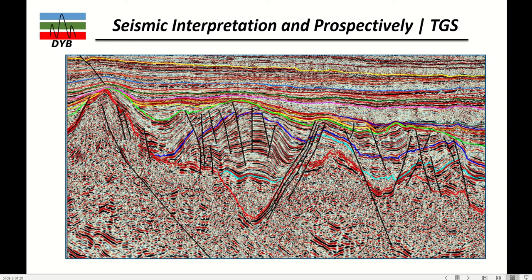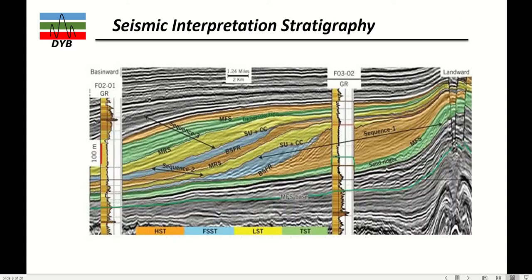Because of this igneous intrusion, maybe this is a basement, so you can't see any reflection because you don't have reflectors over here. So mostly our focus is in this sedimentary section. So we have the structural and stratigraphic features so that we can interpret accordingly.